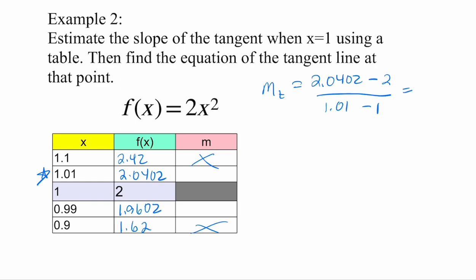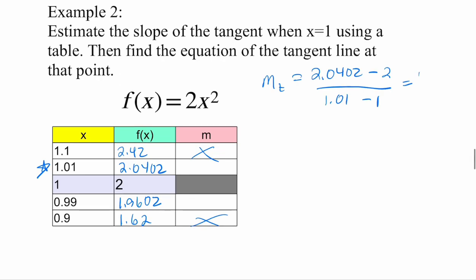Okay, so 2.0402 minus 2 is 0.0402, and then 1.01 minus 1 is 0.01, and you divide that by 0.01, and you get 4.02. So what is it looking like our slope of our tangent is? 4. So it looks as if it's going to be 4.